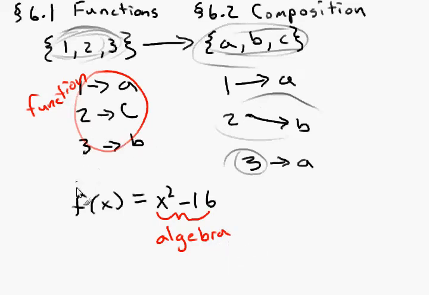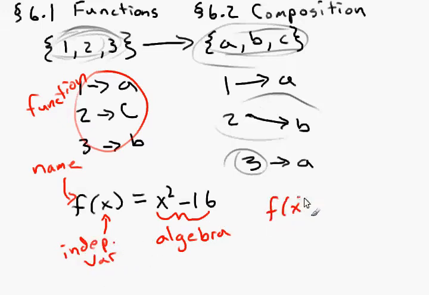And then over here we would have f, that's the name of the function, x, that's our independent variable, and then f of x, all of this together, that's our dependent variable. And what's nice is I have the independent variable expressed right in there.